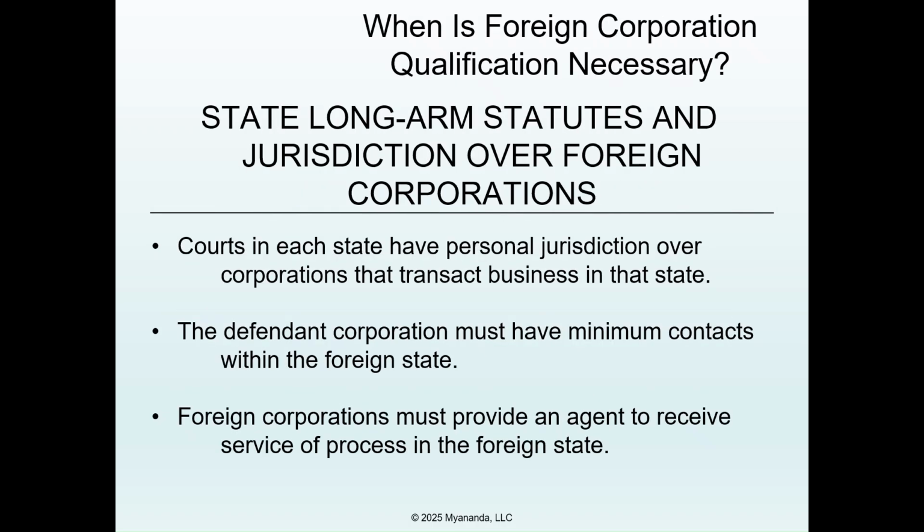Because foreign corporations are subject to the jurisdiction of any state in which they transact business, they need to provide an agent for each foreign state to accept service of process. So that's important in all those situations.